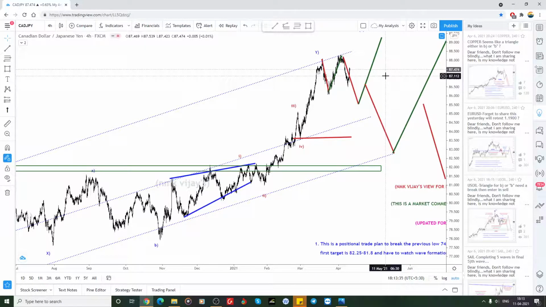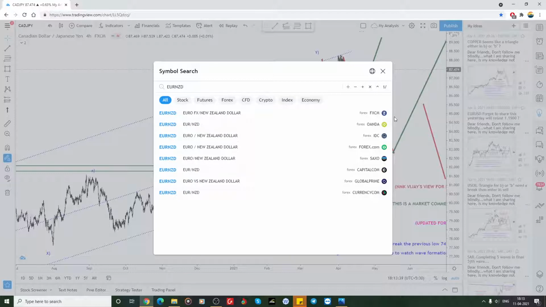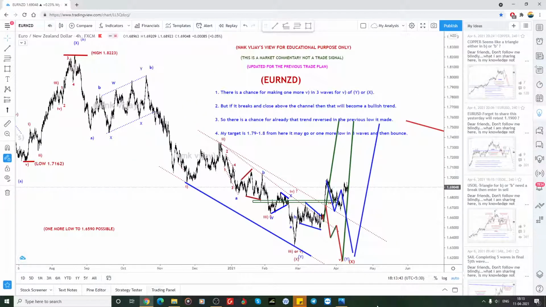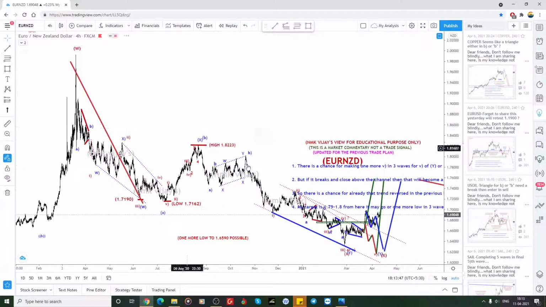So now we can move to Euro New Zealand and New Zealand CAD. So Euro New Zealand, my target is the same, no change here, whether it is going to reach 1.8, otherwise 1.9, otherwise it has to break above this high.